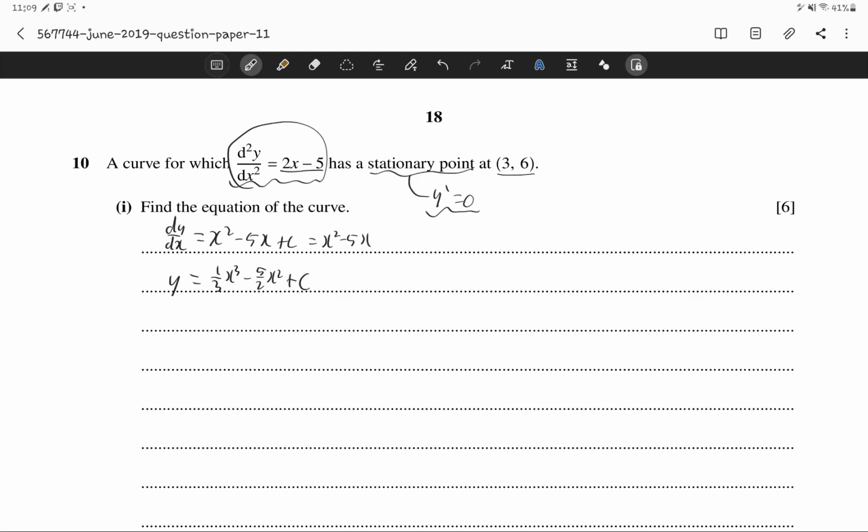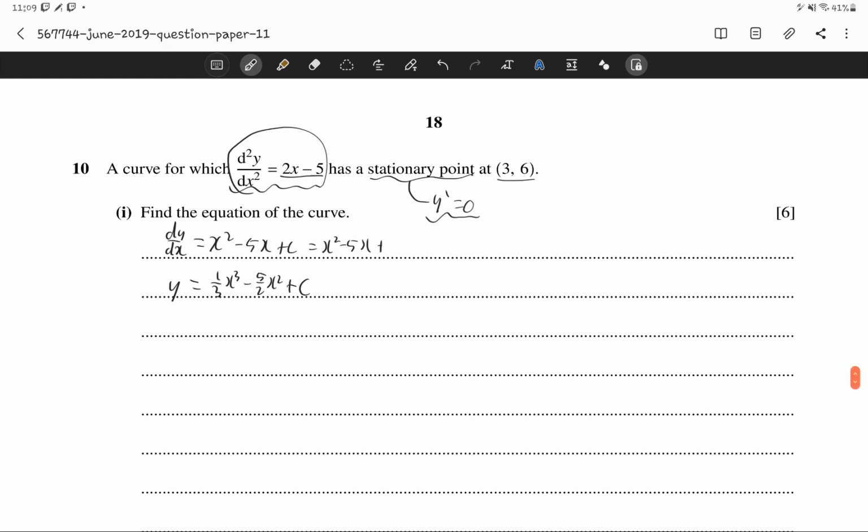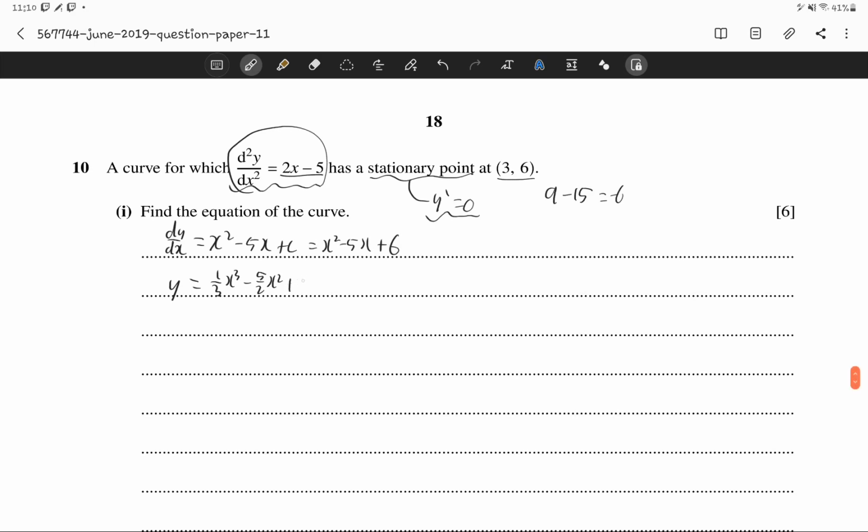Oh, no. C is not 0. Nine minus 15, that's minus 6, so C is 6. Yep. There's another constant, and this crosses 3 comma 6.